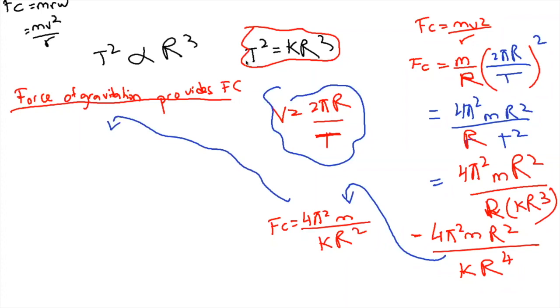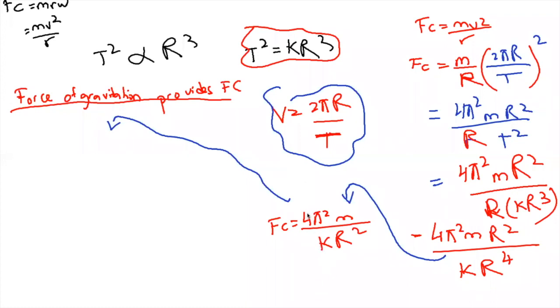Now we're going to be using something over here. First of all, tell me, I know that 4 pi squared is a constant, right? Let's identify the constant values here. Which things here are constant? What do you guys think?